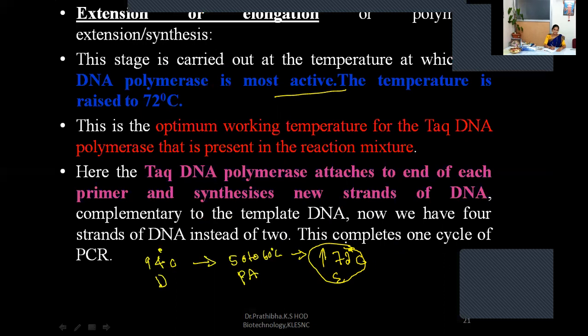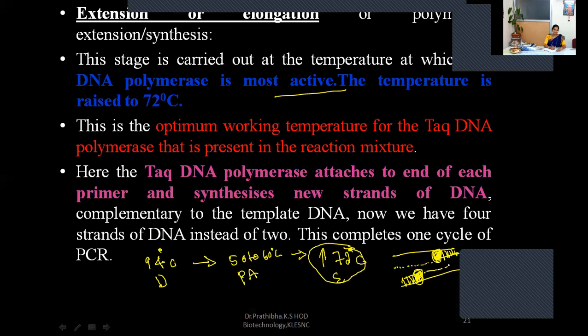Here the Taq DNA polymerase attaches to the ends of each primer and synthesizes new strands of DNA. Once the primers are attached, Taq DNA polymerase goes and binds over here, and here also, right? And it starts synthesizing new strands of DNA according to the template DNA.